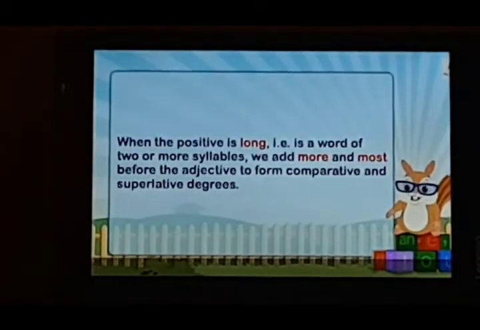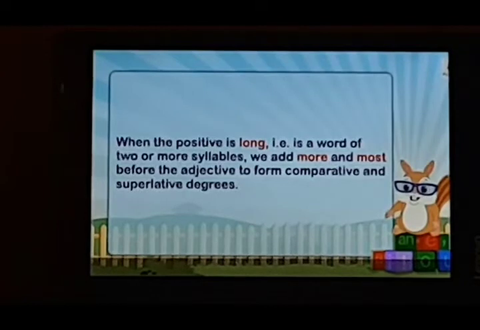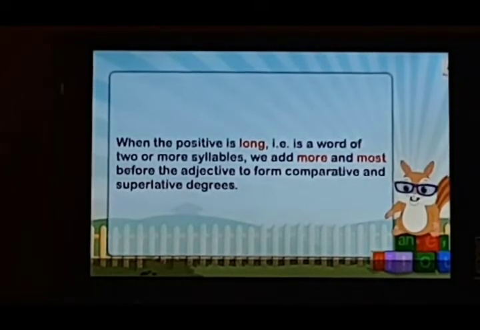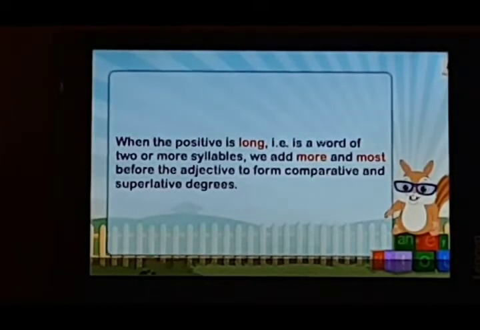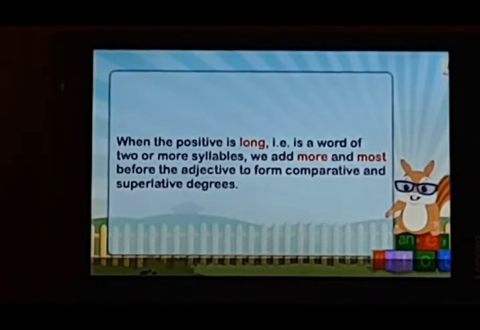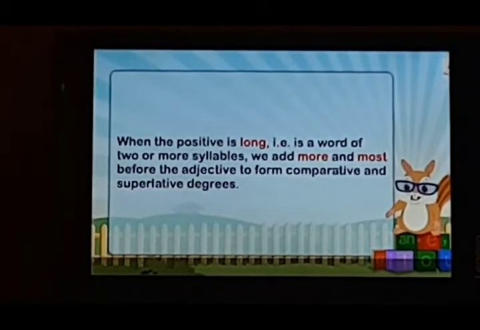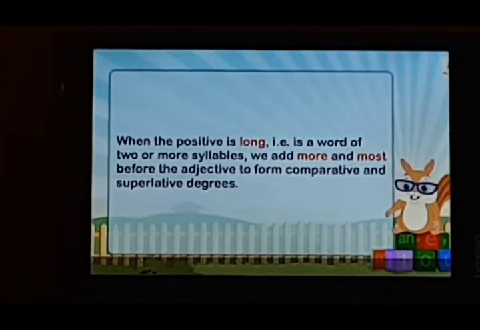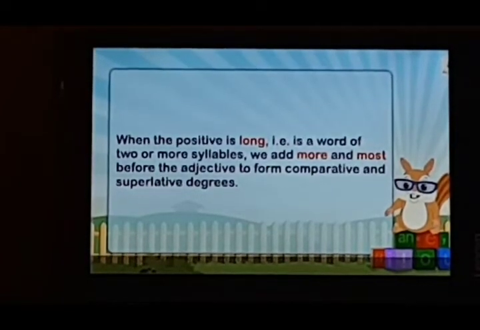Now in the next case, when the positive is long, that means when the adjective itself is quite long, a word of 2 or more syllables, like beautiful, a 3-syllable word, we don't use ER or EST at the end.